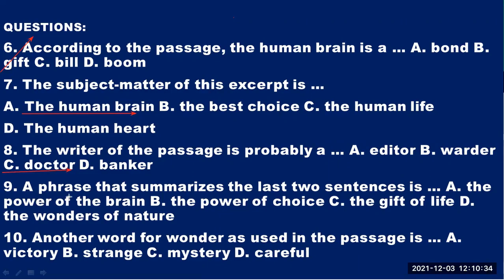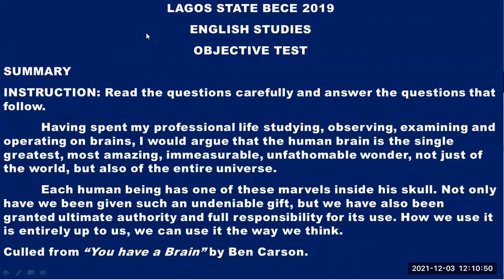Question number 9, a phrase that summarizes the last 2 sentences is, again, we have to, let's go back to, let's undo these marks and pick our mouse and go back. All right. We are looking at the last 2 sentences.